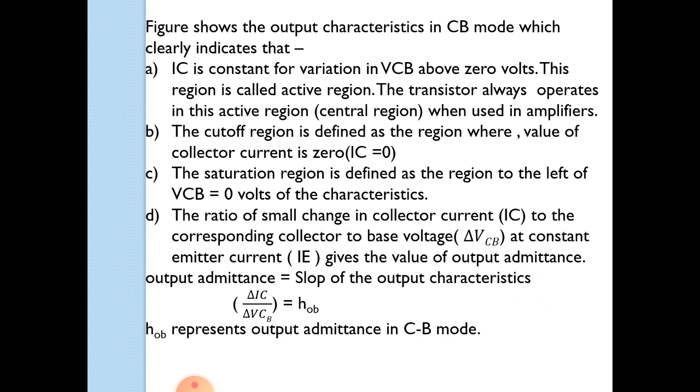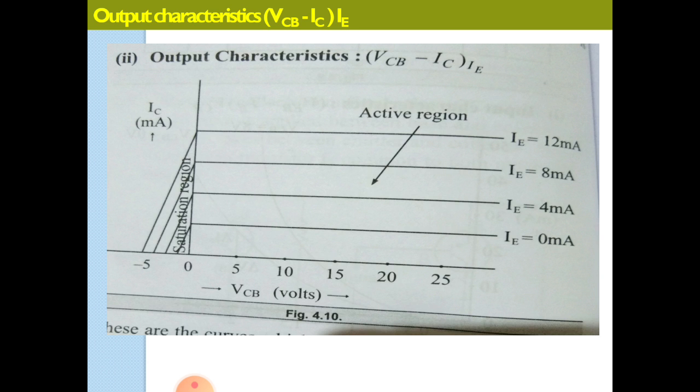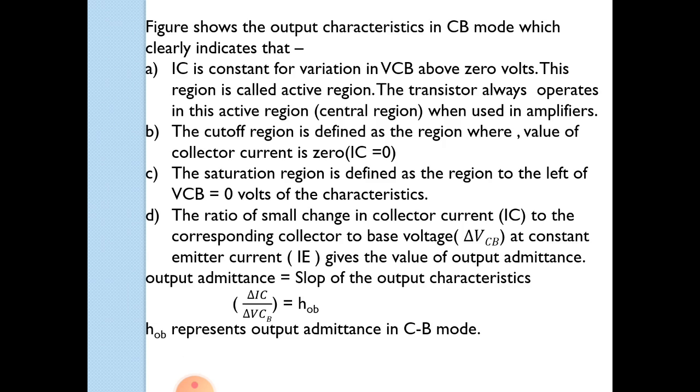So output admittance is equal to the slope of the output characteristics. When we calculate the slope from this graph, we get the output admittance. Hence, the output admittance is equal to the slope of the output characteristics, and output admittance is nothing but the reciprocal of the impedance.